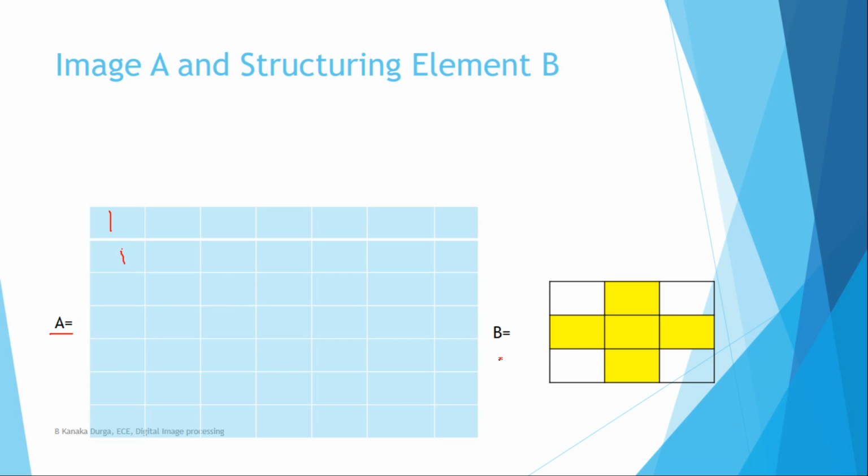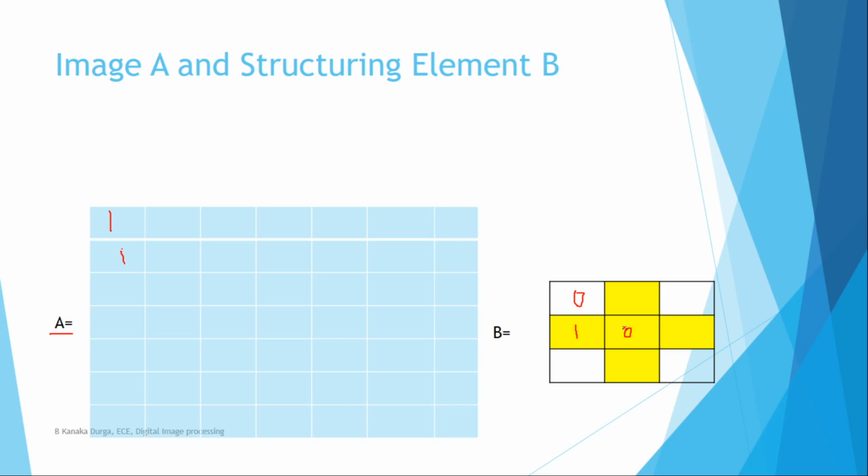And when it comes to the structuring element, it has fully filled cells and not filled cells also. Filled cells are 1s, not filled cells are 0s, which belong to the background. We already discussed that the structuring element shape plays a main role in this 3x3, and we have to consider the origin also; the center is considered the origin.